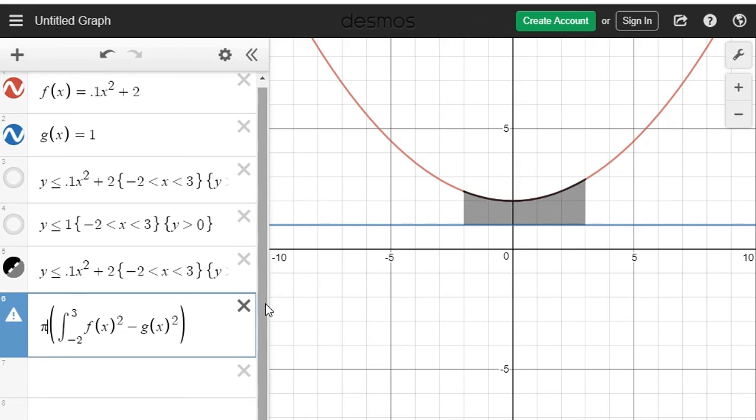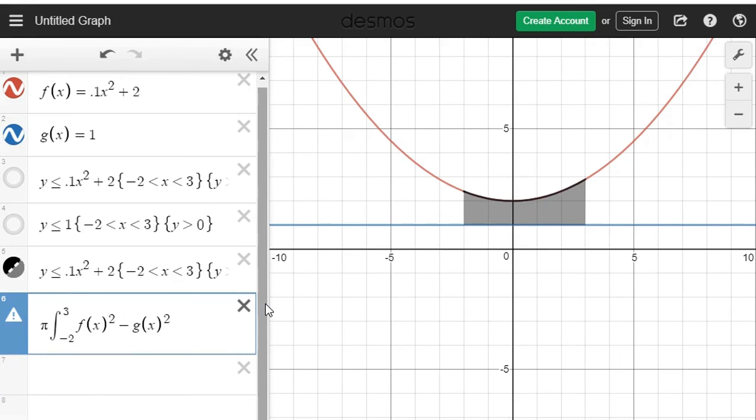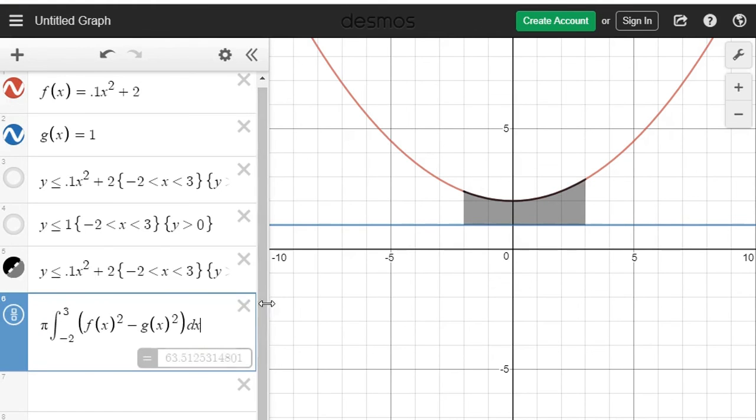Oh no, my parentheses were not wanting to listen. dx. So I'd end up with 63.513 as my volume of this going all the way around.